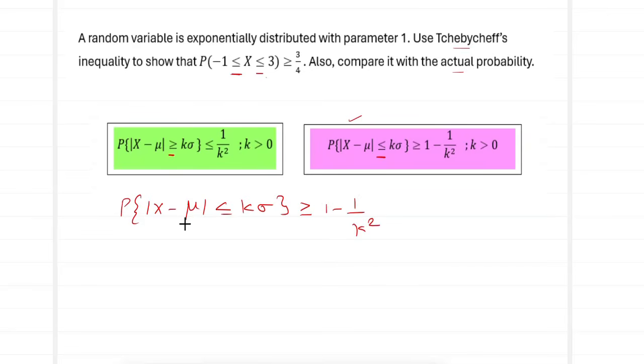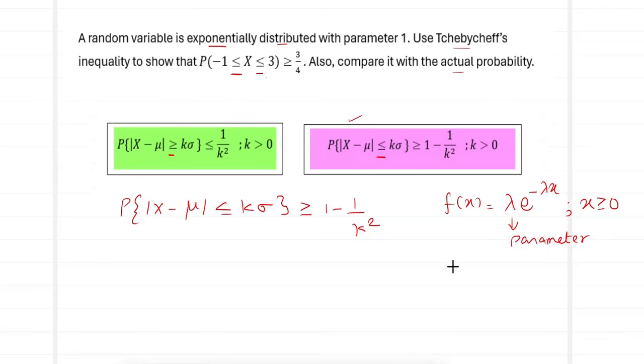Now the unknown quantities are mu and sigma. How to estimate them? We'll have to make use of the given data. We have been told that x follows an exponential distribution. What is the exponential distribution? f of x is lambda e power minus lambda x, valid for x greater than or equal to 0, where lambda is the parameter.